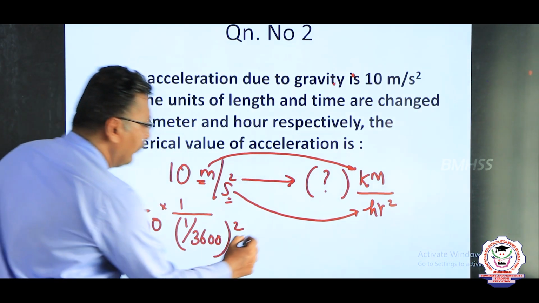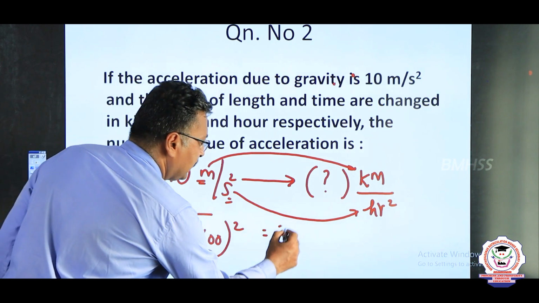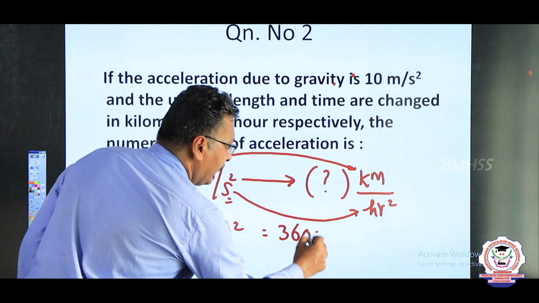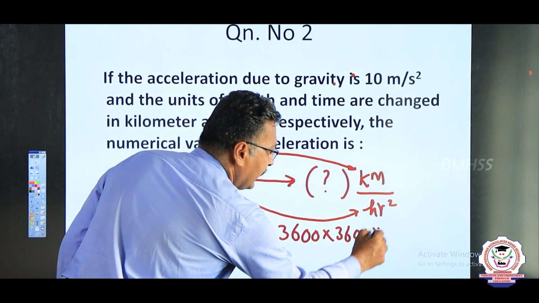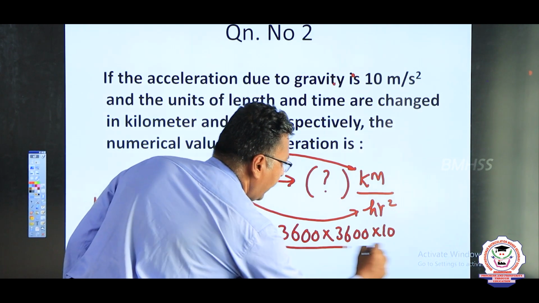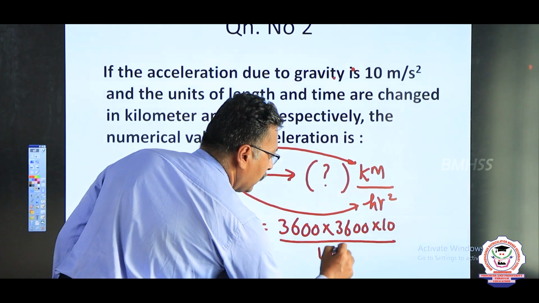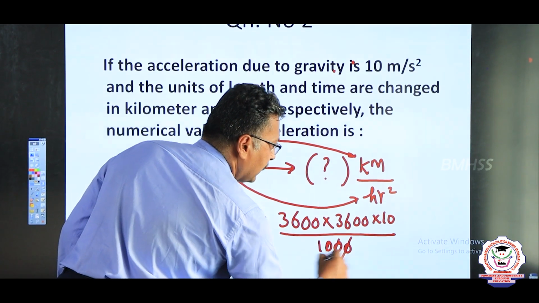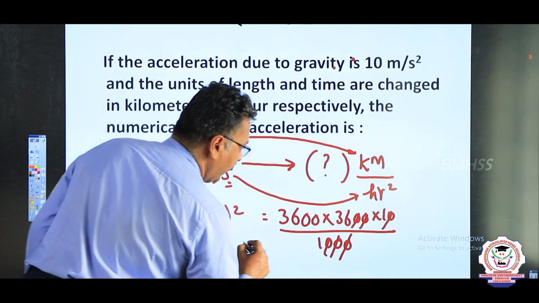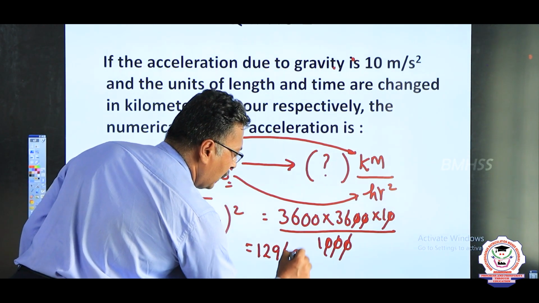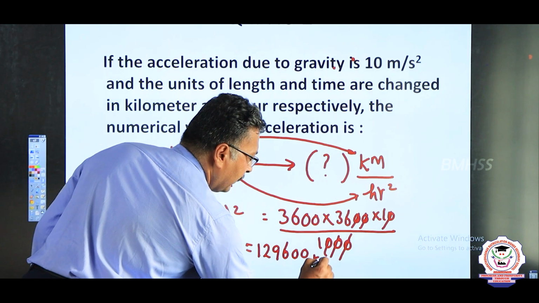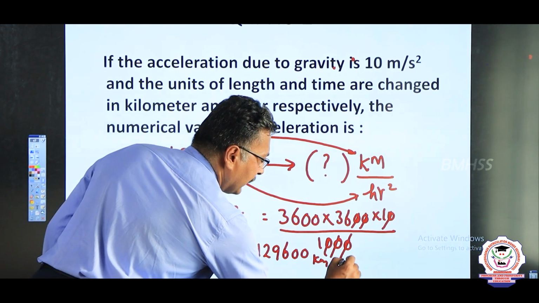So we have 3600 multiplied by 3600 into 10 divided by 1000. So you cancel these 3 zeros, you are left with 129600 kilometer per hour square.